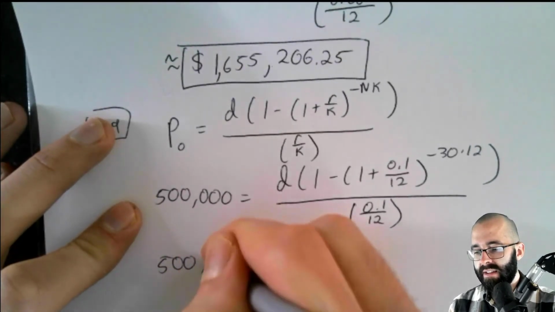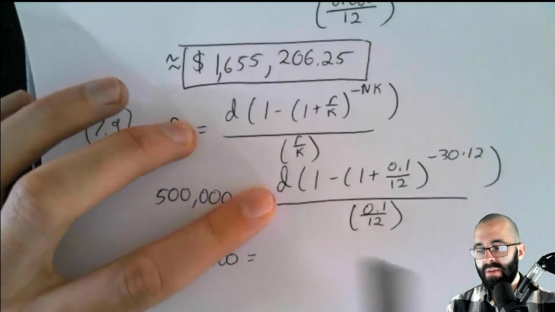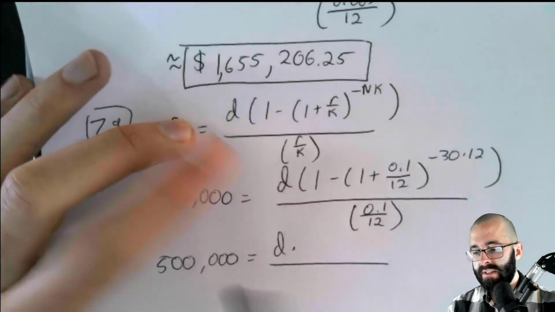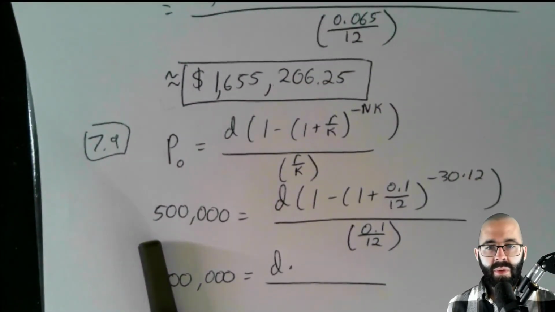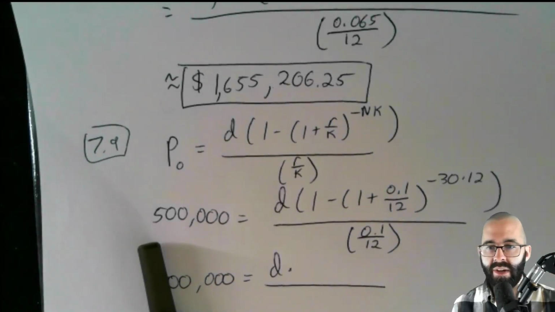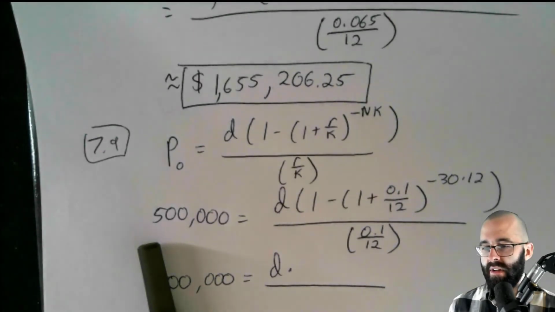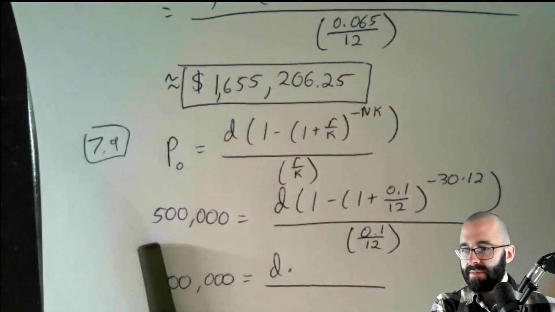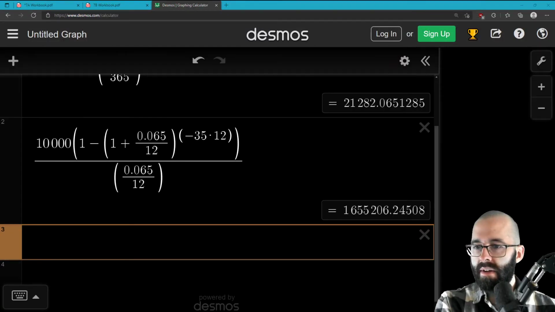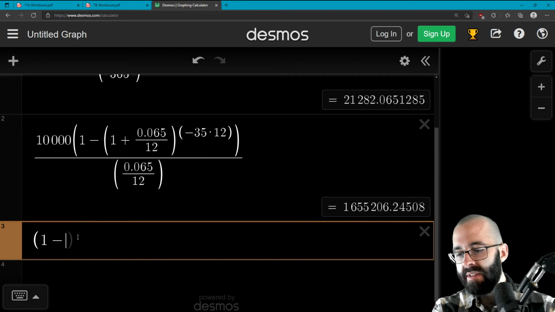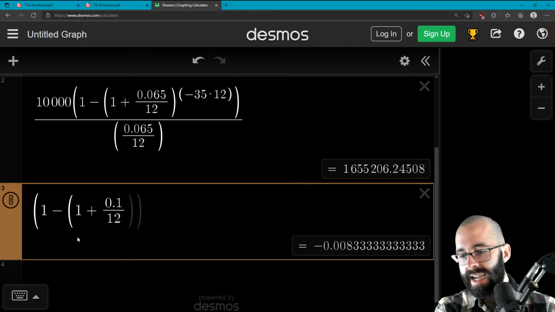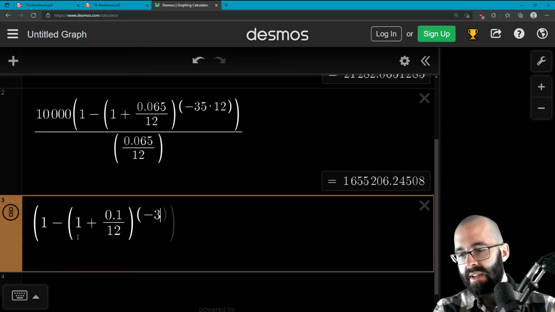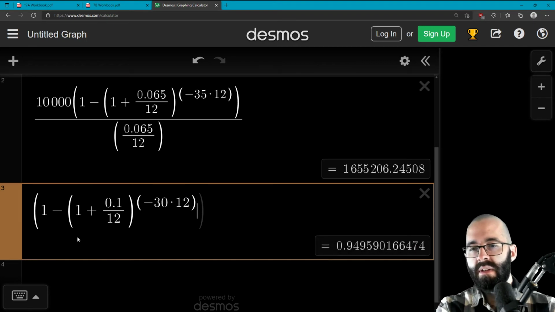So let's simplify the right-hand side a little bit. Let's get some approximations. Let's type in the numerator, just like we did before. And maybe we're going to want to save this payout annuities. Maybe we'll go down to 3. We can save the payout annuities formula if we want to use that in the homework video. So we're going to type in that numerator: parenthesis 1 minus parenthesis 1 plus 0.1 fraction 12 tab parenthesis negative 30 times 12, like so.